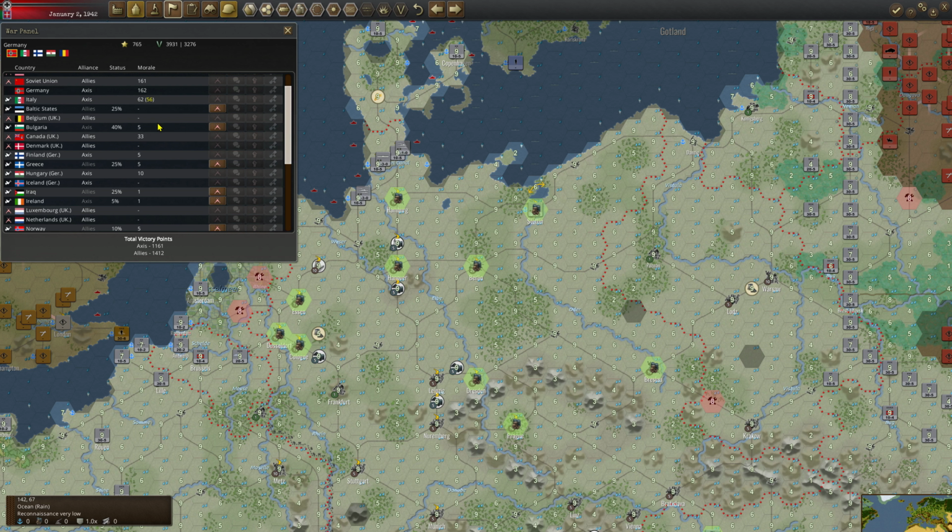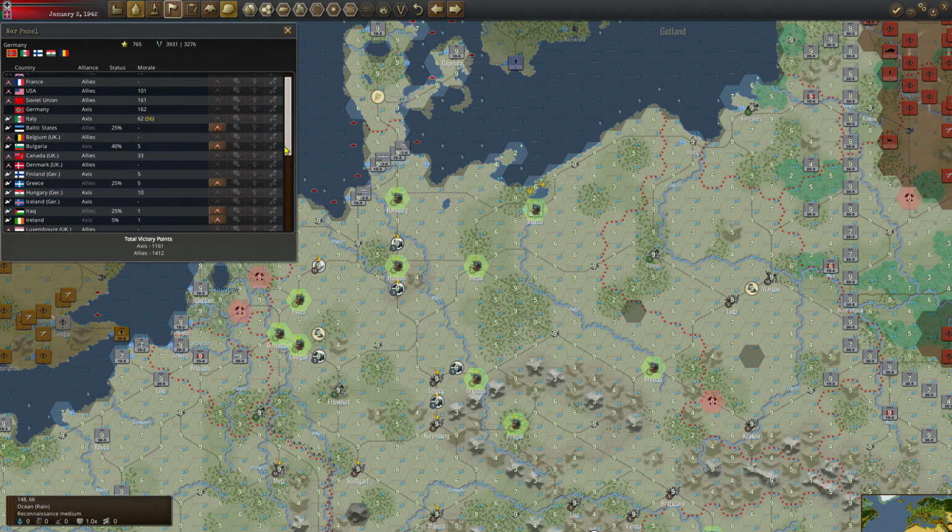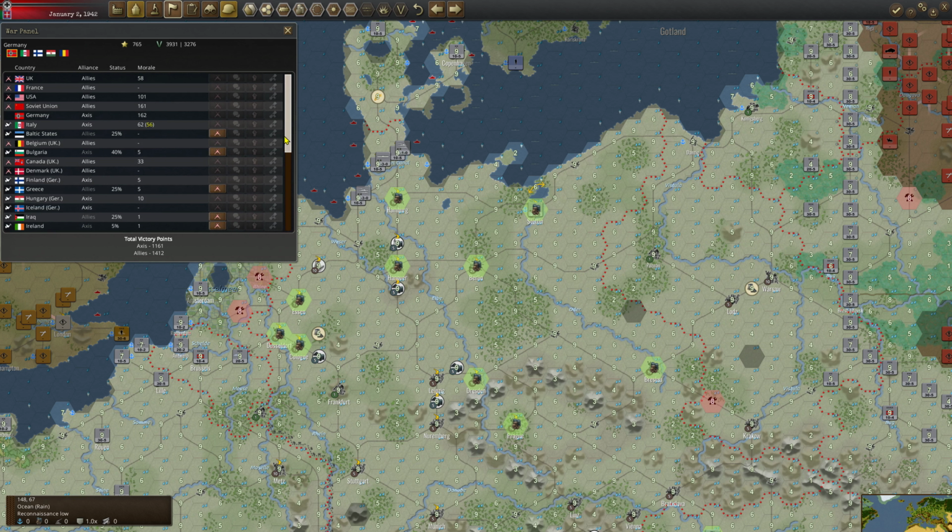Okay, where's the US on here? I don't even see him. Well, that's interesting. They aren't even on this political display. Something isn't right here. Oh yeah, there they are. Okay.